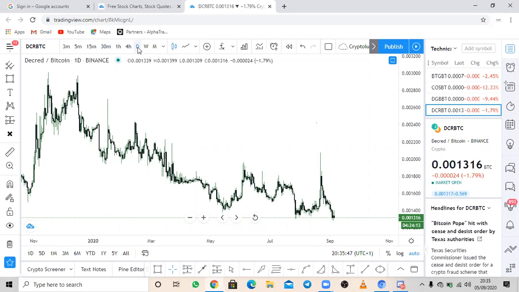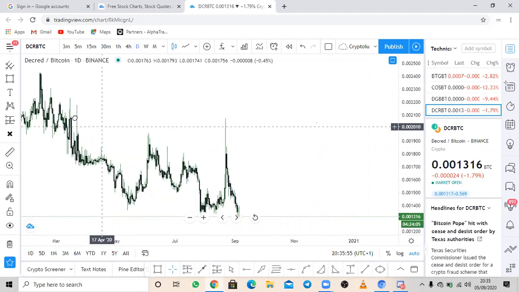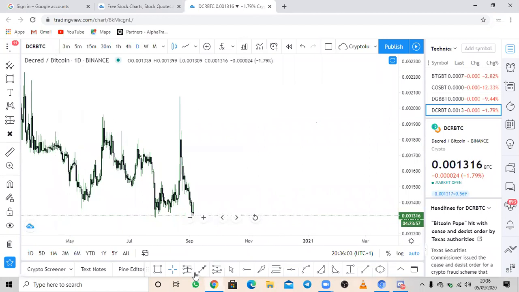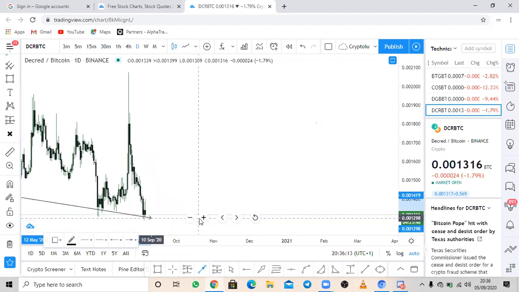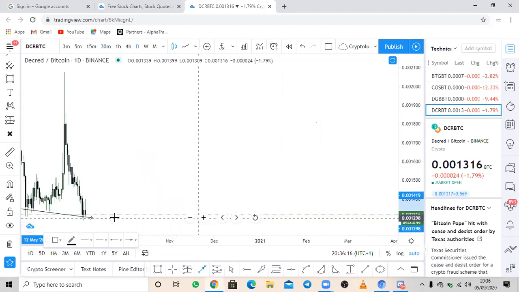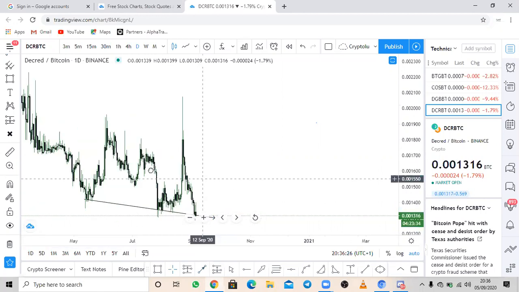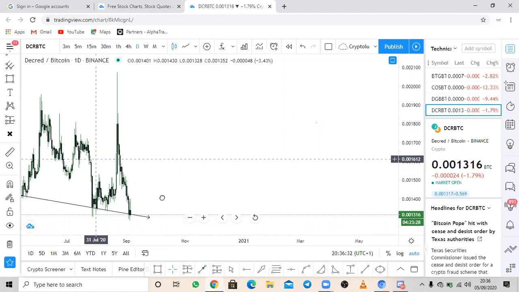from the daily time frame, I can see a support trend line from here all the way down, which is actually serving as support for price not to pass through that level.